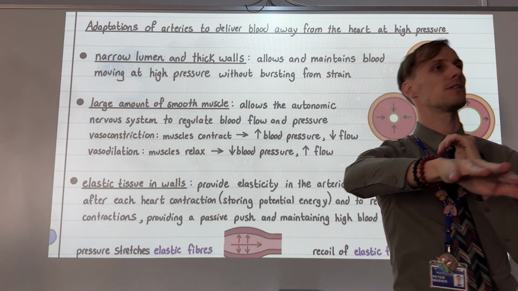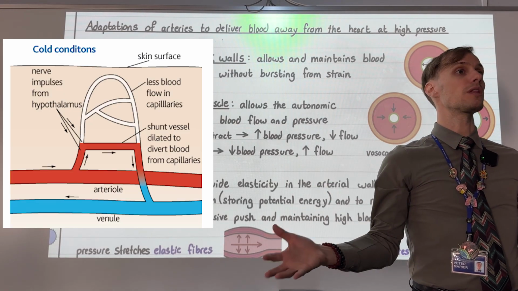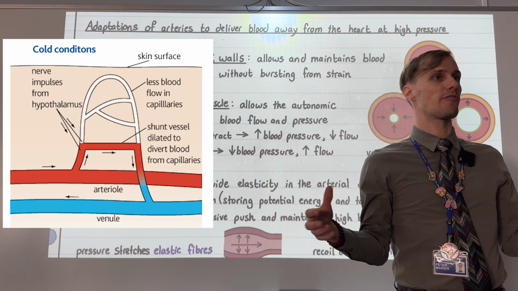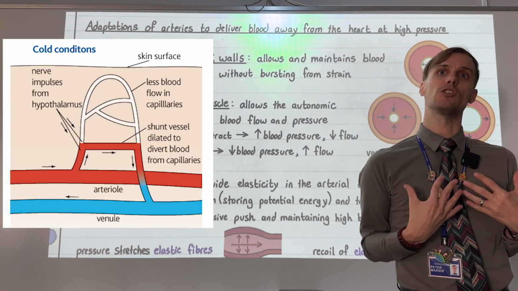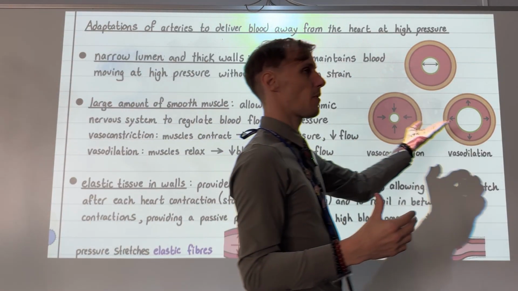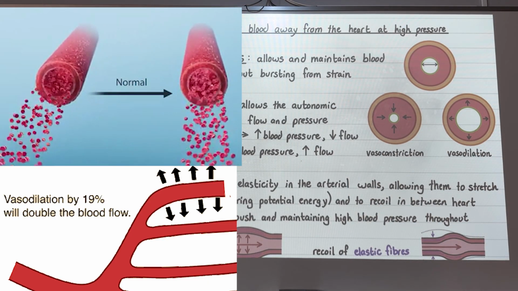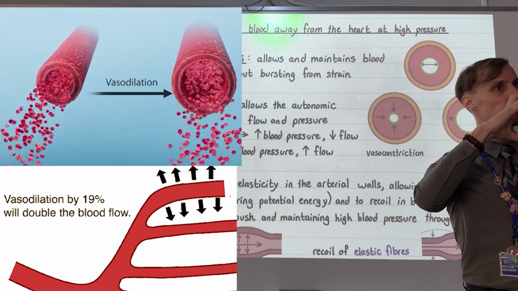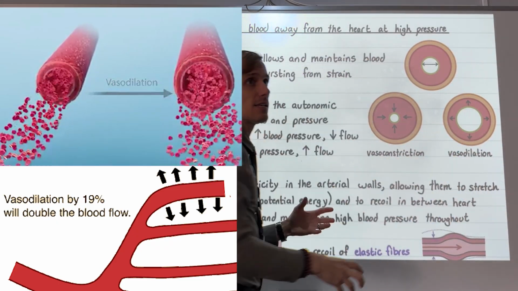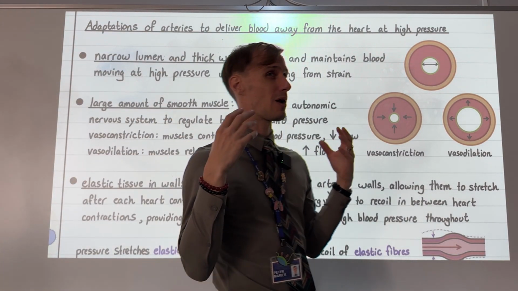We'll actually talk about this in the homeostasis subtopic, where when you're really, really cold, your body is going to start to divert blood away from your extremities, like your hands and feet, and move it to the core. Now in the reverse direction, if your body wants to increase blood flow to an area, then the vessels are going to dilate, meaning to get larger. An example of this is that if you've exercised heavily for a little bit, you're going to find that your face is probably quite red.